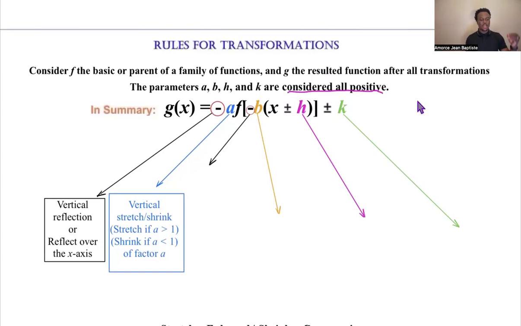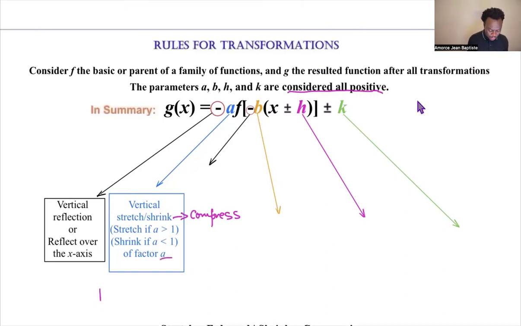And then you're going to say this transformation will be named vertical stretch of a factor A, or vertical shrink or compression of a factor A, the A value.